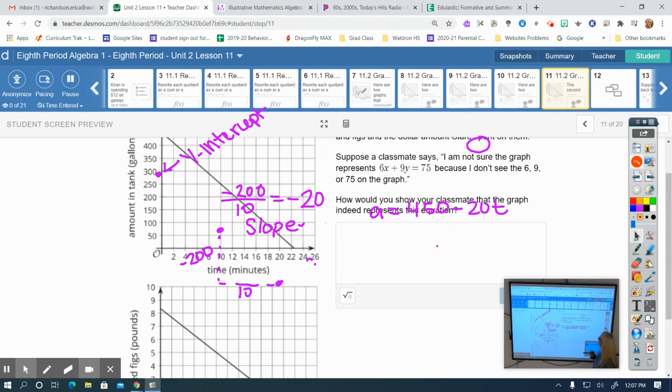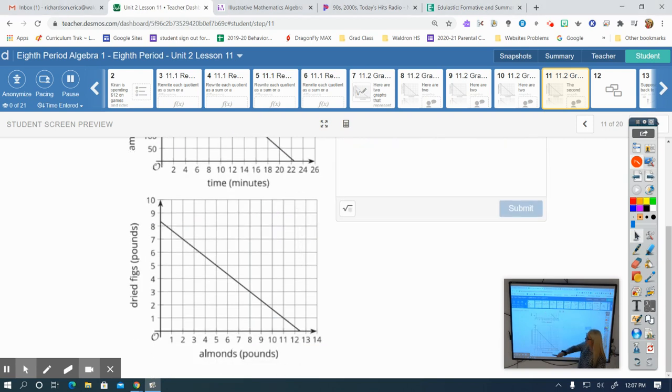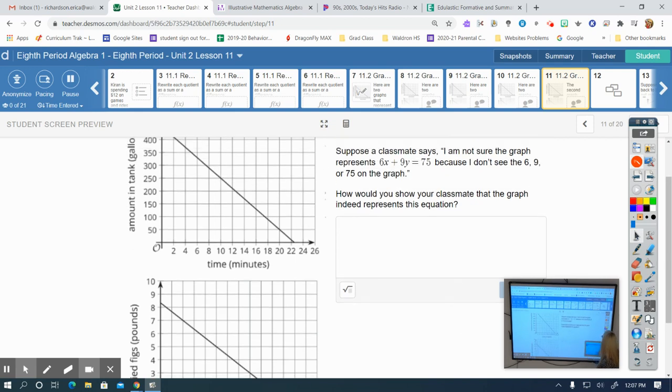here on slide 11 is referring to that next graph, and it's talking about the figs and almonds. And so here we have the equation 6x plus 9y equals 75. So this equation is in standard form, and for us to be able to see the 6, 9, or 75 on a graph, well, we can't see those.